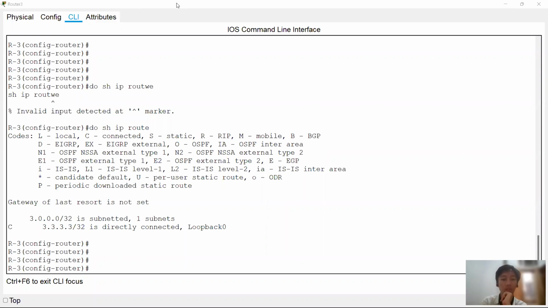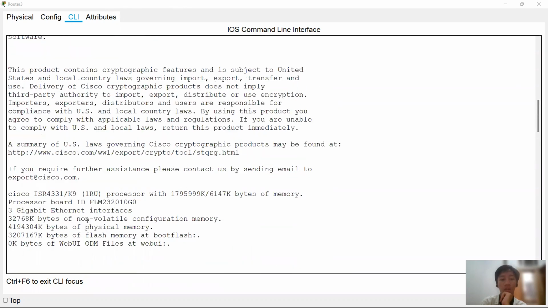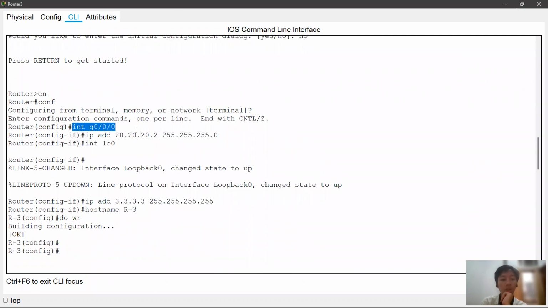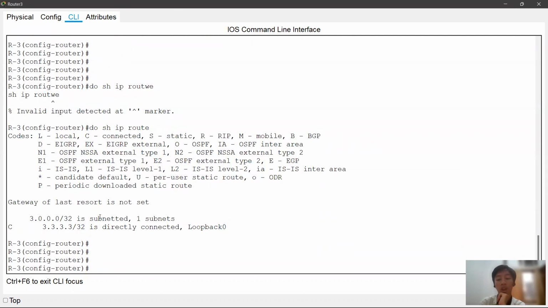The problem is we forgot the router cannot automatically turn on the interface. Look at this. We don't turn on the interface, so the OSPF routing information doesn't enter. This is mostly a problem when we use a router: we forget to turn on the interface. Okay, sorry.